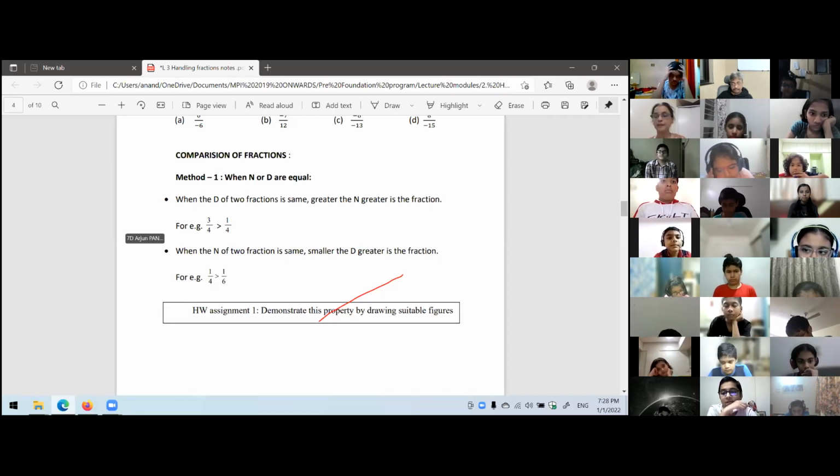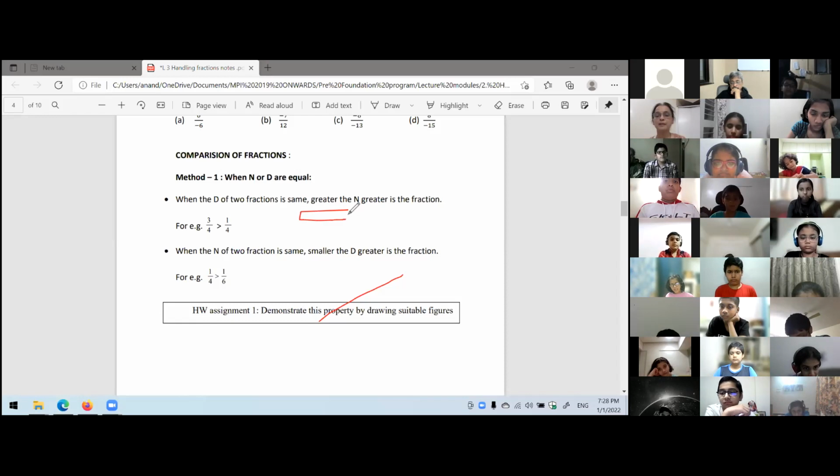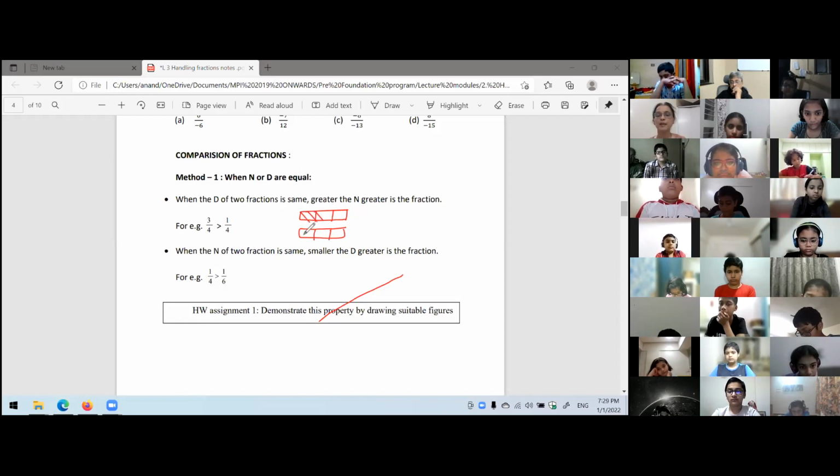Obviously 3 parts taken. When the denominator is same, that means an equal number of pieces are made. When I take more parts, I will get a greater fraction. When I take 2 parts, that will be greater than when I take 1 part. So when D is same, greater the numerator, greater is the fraction.